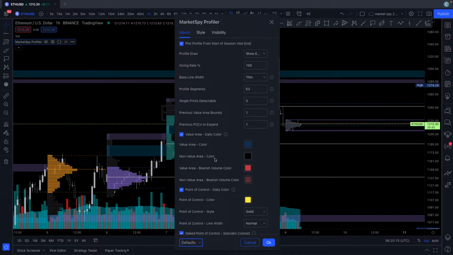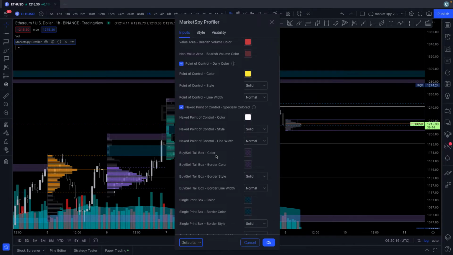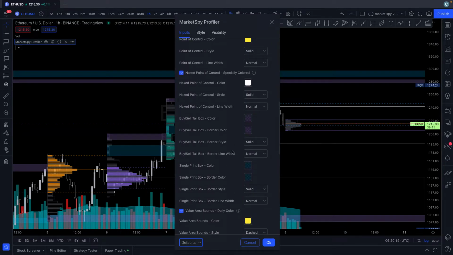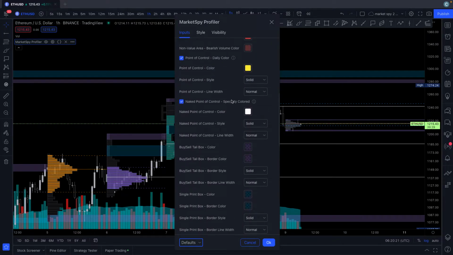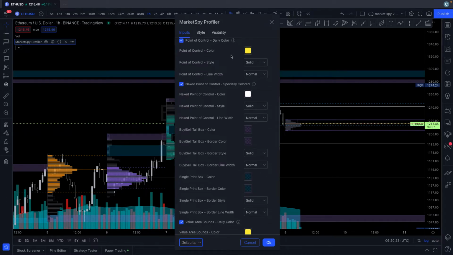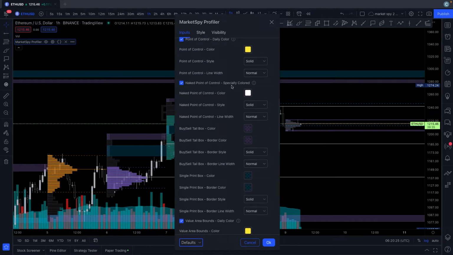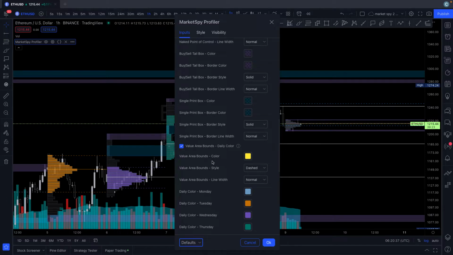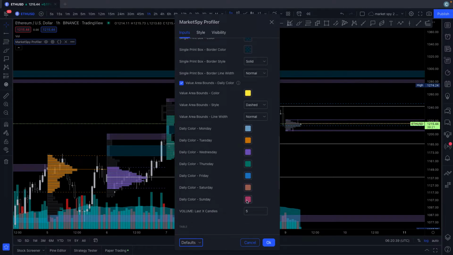When you come down into the market profile script, you can see you can change the color to anything you would like. Point of control, naked points of control, your buy and sell tail boxes, any color you want, your single print boxes, your value areas. You can change every single color of the day you would like.